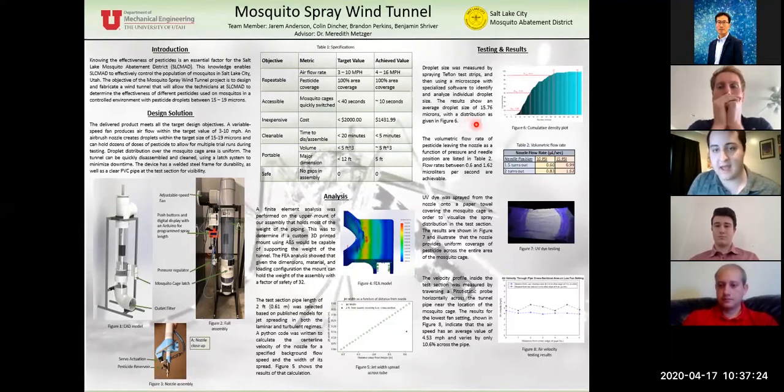And we found that at or below 20 PSI, we reached that 15 to 19 micron range. So you can see here from our testing that 20 PSI is sort of the threshold. We got an average droplet size of 15.76 microns. So that confirmed that we could get in that range that SlickMad wanted.